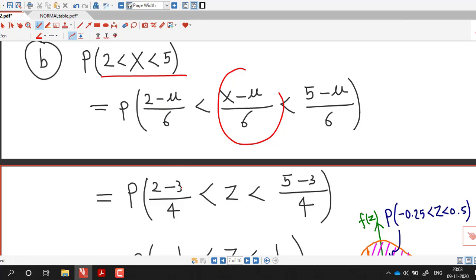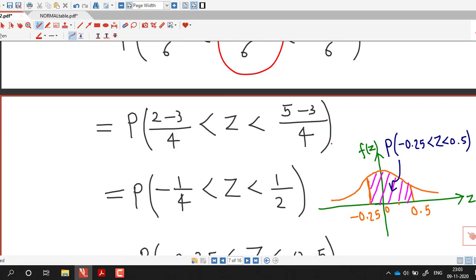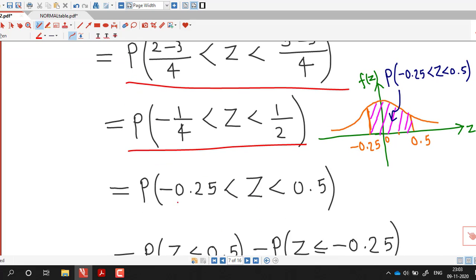So probability that 2 minus 3 by 4 is less than z less than 5 minus 3 by 4. After simplifying we obtain this probability is nothing but probability that z lies between minus 1 by 4 and 1 by 2. That is, z lies between minus 0.25 and 0.5.